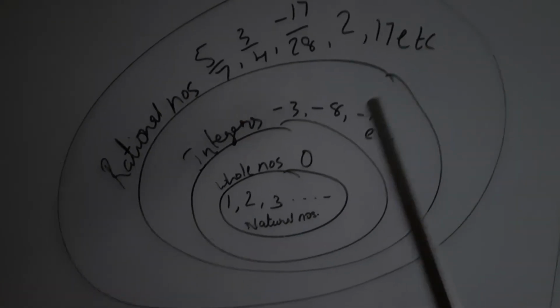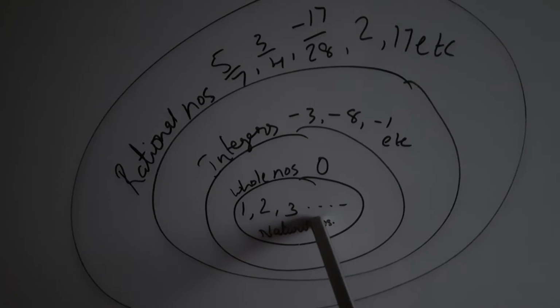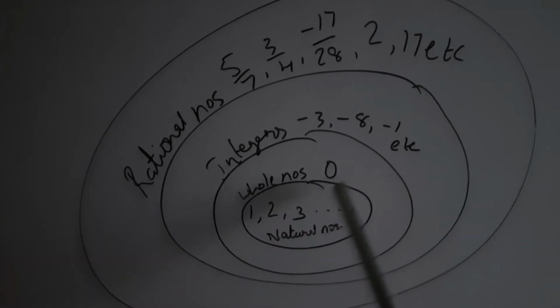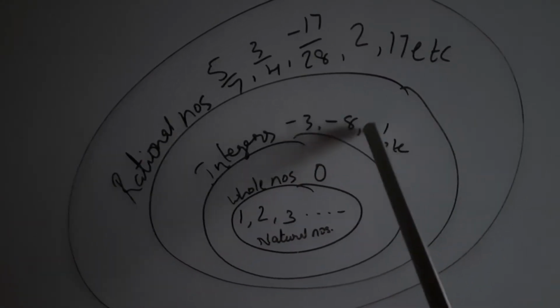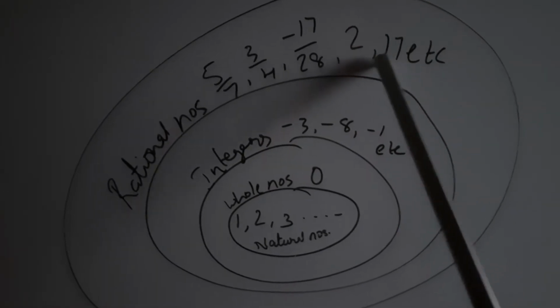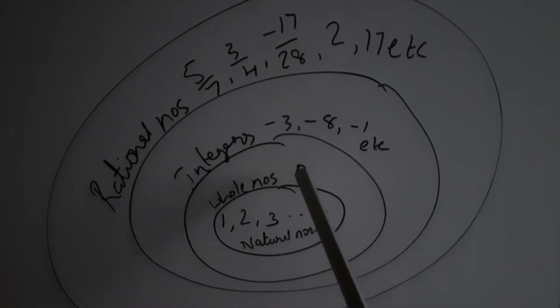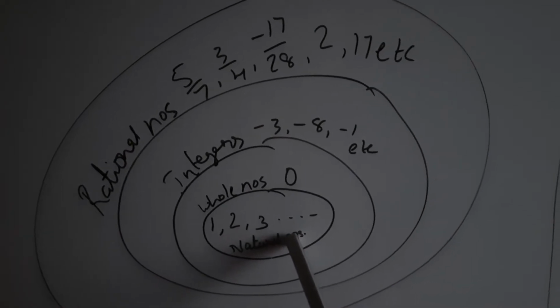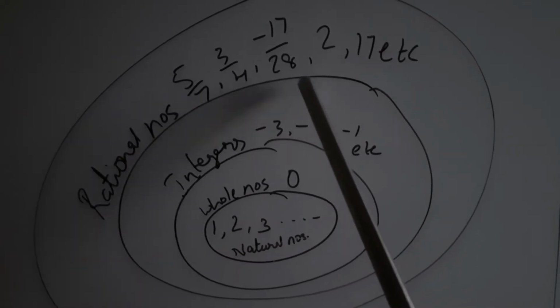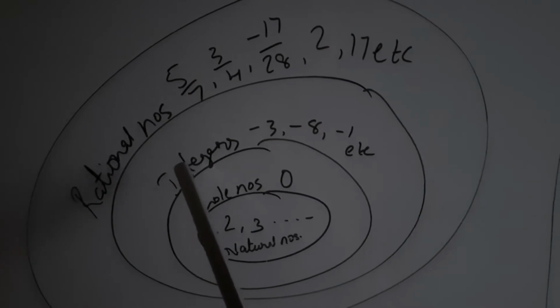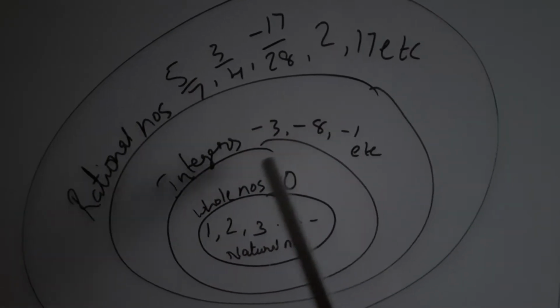Natural numbers are in the inner circle, outer to that are whole numbers, outer to that are integers, and rational numbers are the biggest circle encircling all of them. So rational numbers include all the types of numbers mentioned.